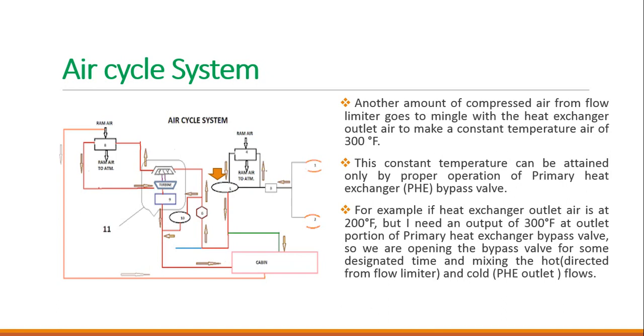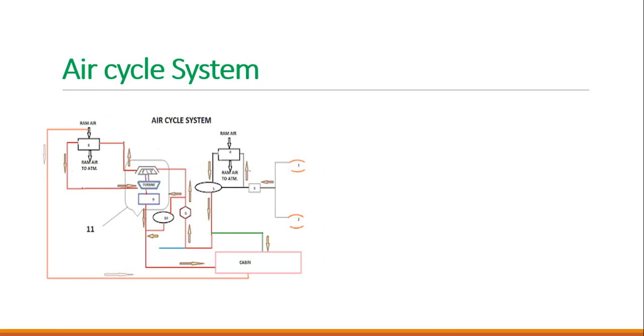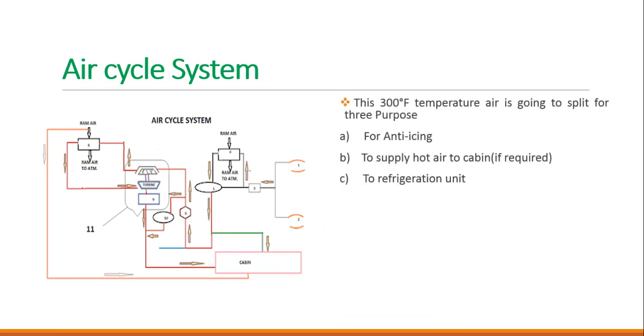Suppose the temperature from the heat exchanger outlet is very low, then the bypass valve opens and the hot air from the compressor mixes with this outlet air, so that the temperature is maintained at 300 degrees Fahrenheit.